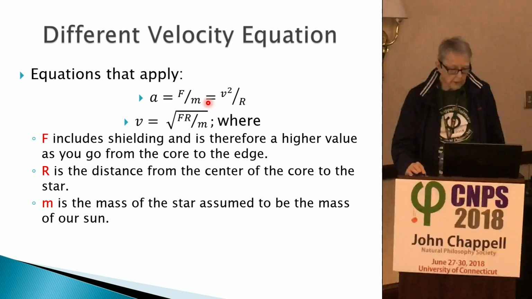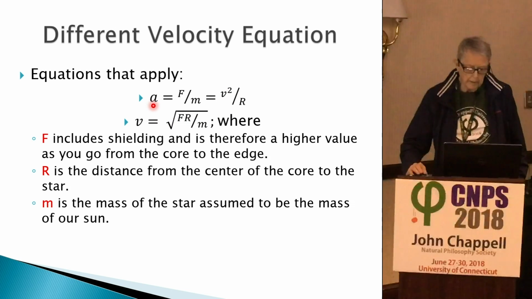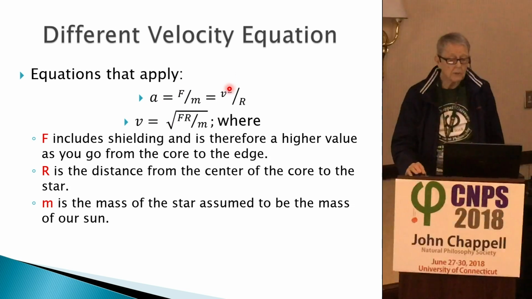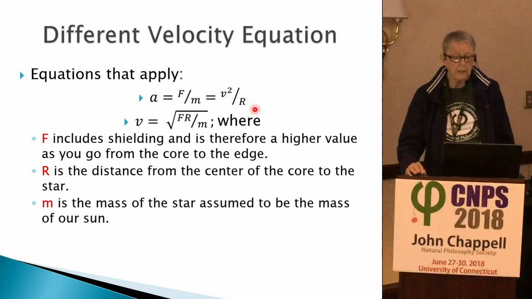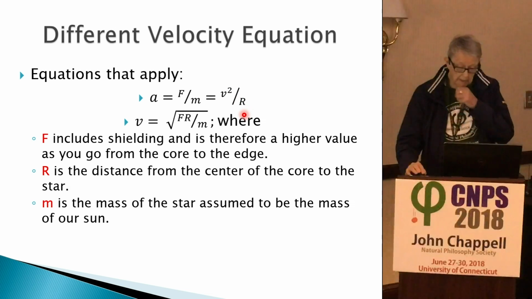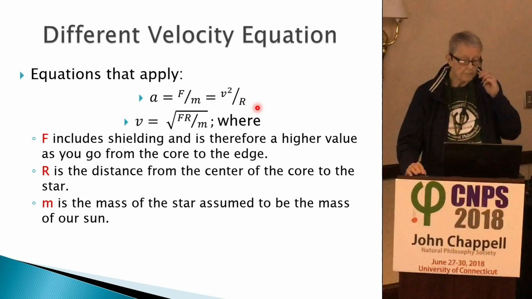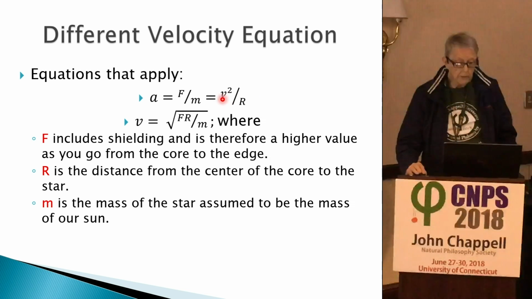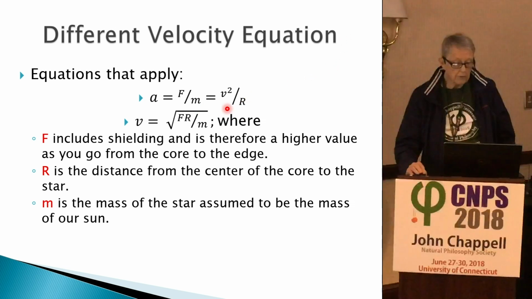The other half of this equation comes, I believe Christian Huygens did this, and it's that if the acceleration equals the square of the velocity divided by the distance to the center of the object, then you have a circular orbit.